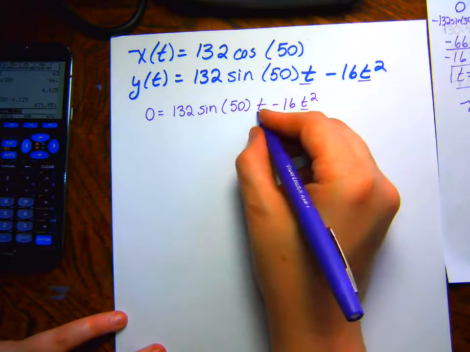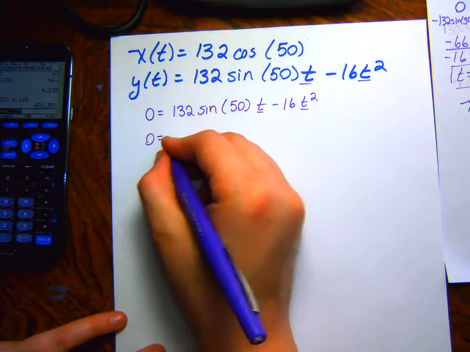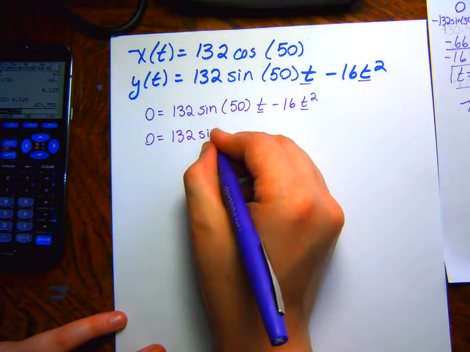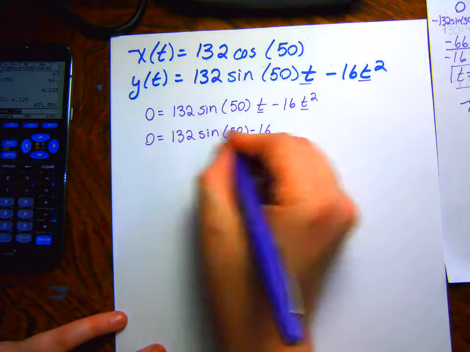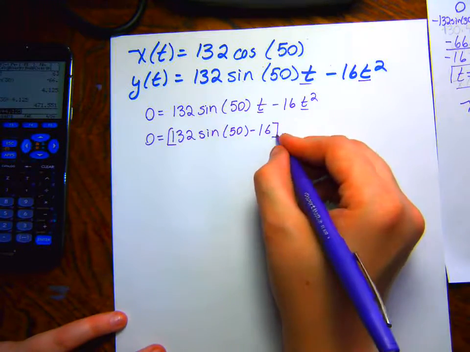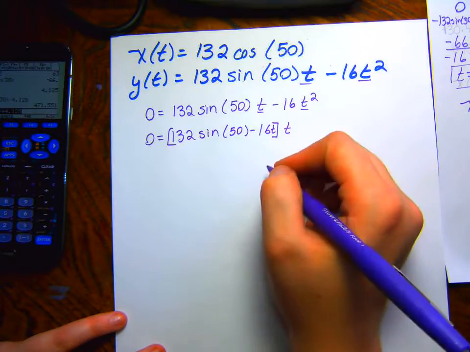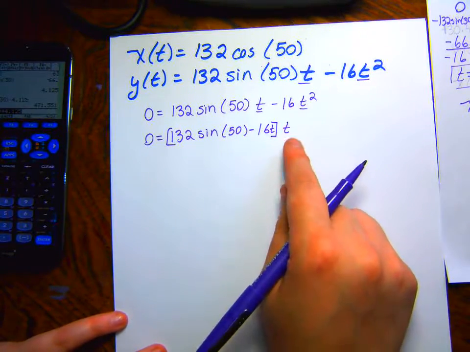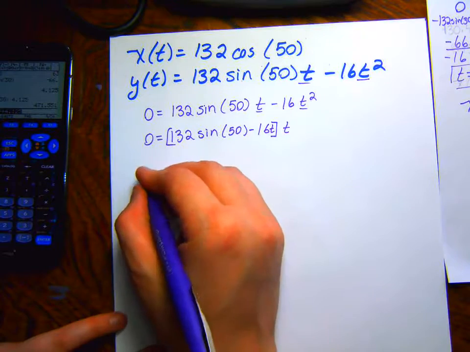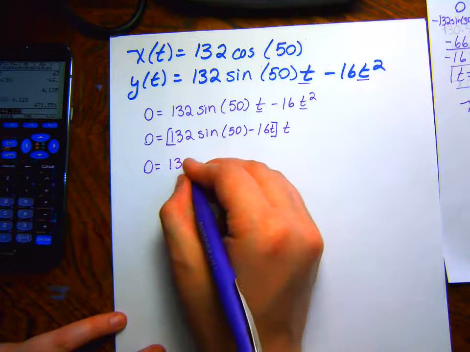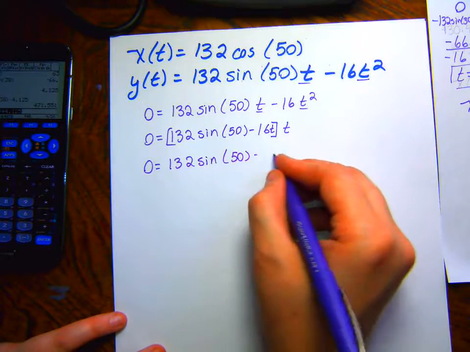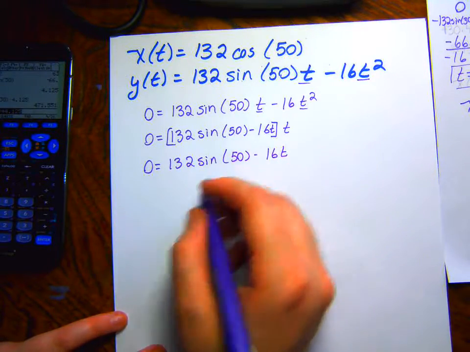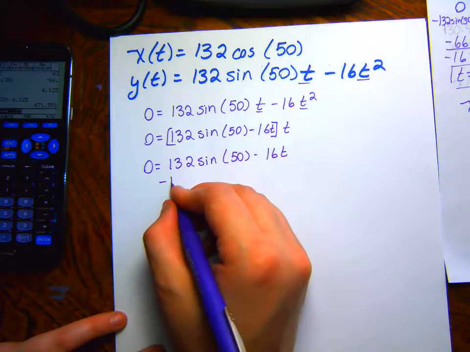I can factor out that t again. It's 0 equals 132 sine of 50 minus 16t. Now if I divide both sides by t, I get 0 equals 132 sine of 50 minus 16t. Subtract this from both sides.